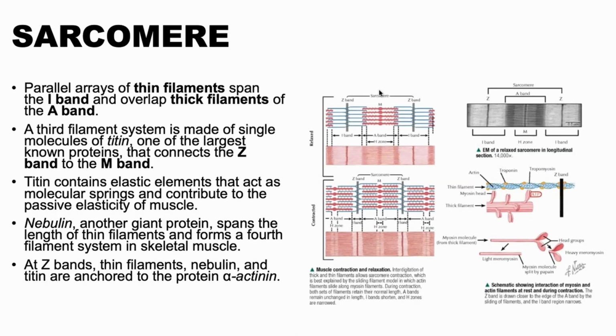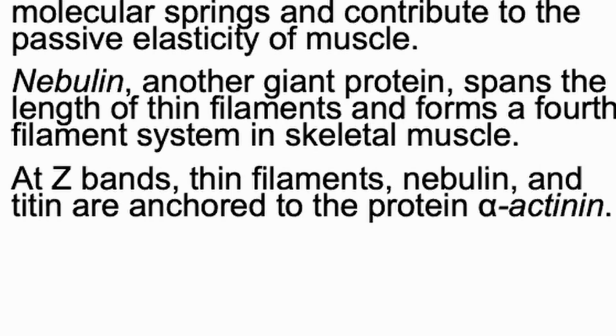Okay, so as I said, remember I said there are other proteins, you don't really need to know them. There are other proteins also associated with it, but they're not really the core part of the contractile unit. So the titin actually connects the Z band to the M band. And remember we said the M band is here. So from here to here, I think that could be.